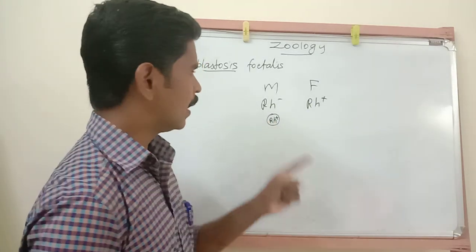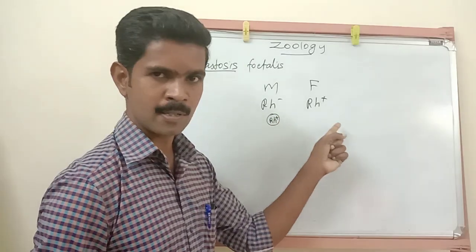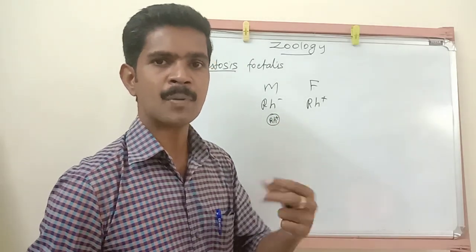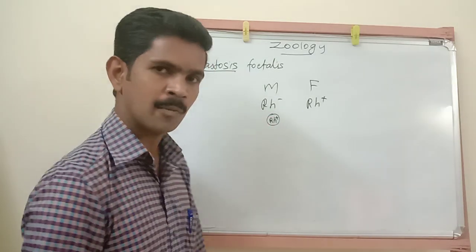Once again I repeat, the mother is RH negative, the father's blood is RH positive. Sometimes an RH positive fetus may develop inside the uterus of this RH negative mother.